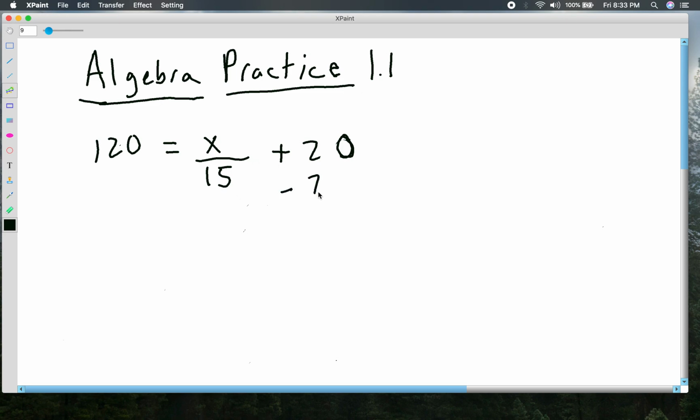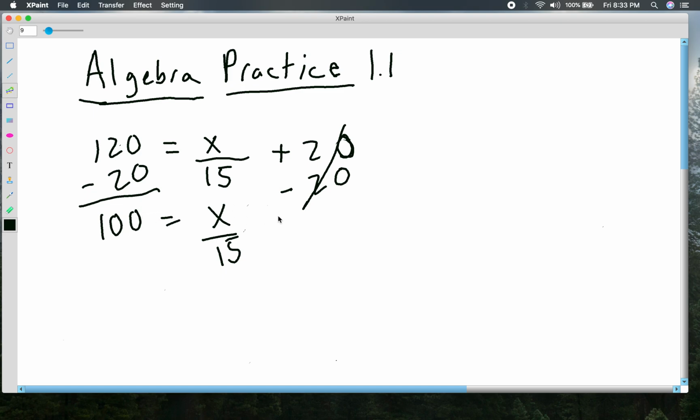Subtract 20. Oh, I know what I did wrong now. I forgot to subtract 20, because now it's 100 equals x over 15. Oh, yeah, okay. Well, now we know that this is the same as 1 over 15 times x. Oh, whoops, my bad. Now I'm excited because I figured out what I did wrong. This is the fun part. Equals 100, but I'm going to divide by 1/15, which is the same as multiplying by the reciprocal.